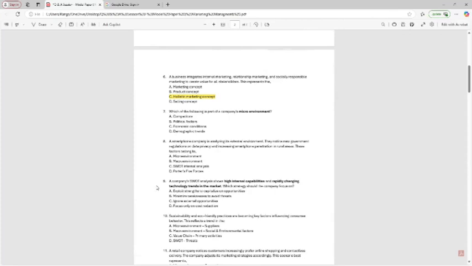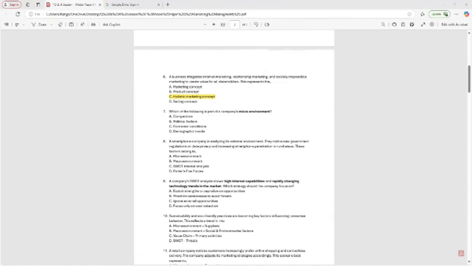Microenvironment factor. If you didn't remember the answer, let me show you the session slide here. Okay, I think I have it, yes.